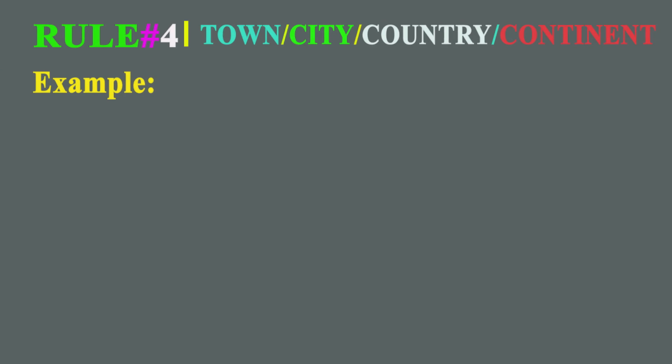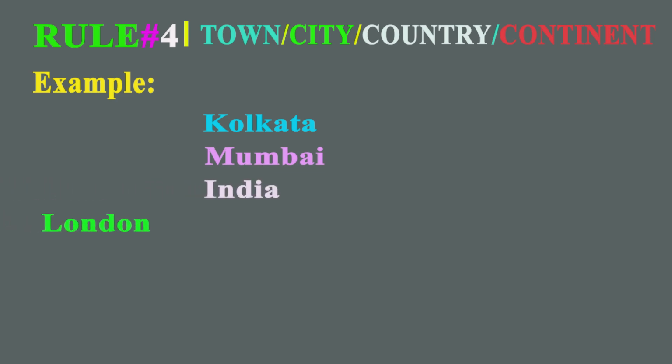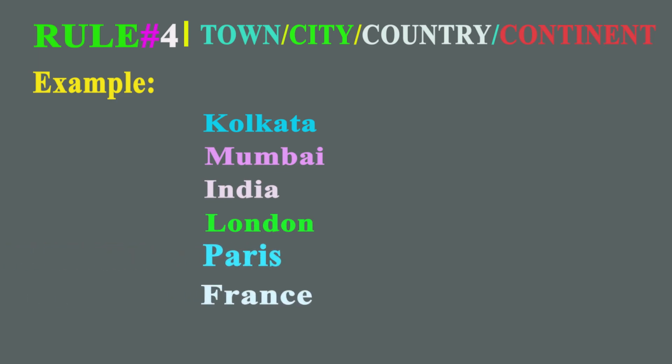When we talk about town, city, country, continent, we use the preposition in, like Kolkata, Mumbai, India, London, Paris, France, Asia, Europe.